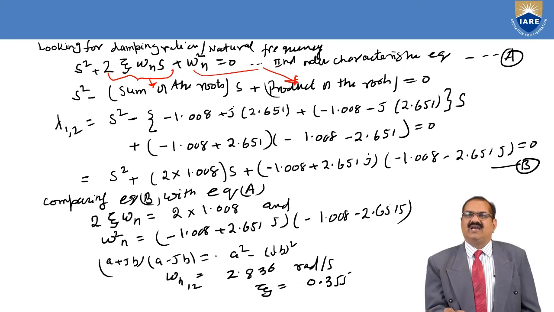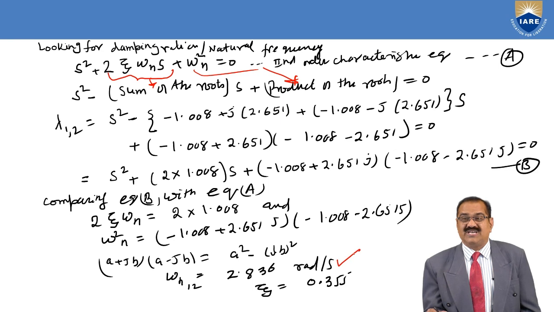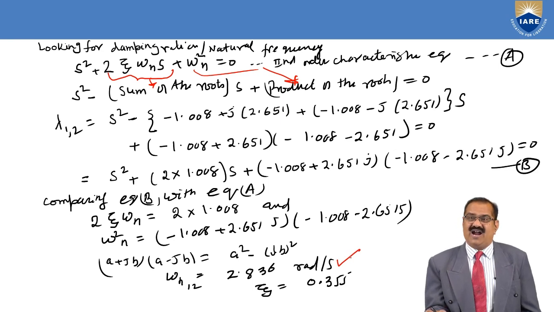So here omega n is equal to 2.836 radian per second. You see here the frequency which we have got is very high, and here is the damping ratio.